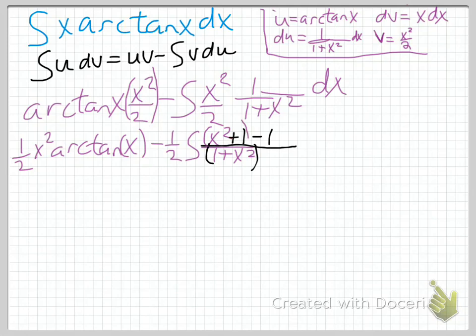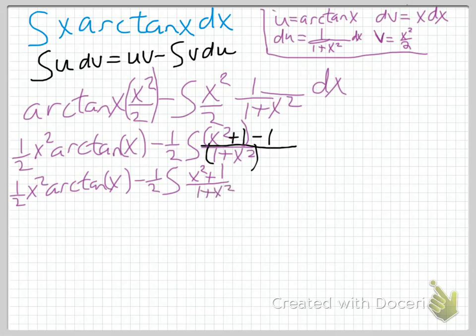But if we just put a parenthesis around this, we notice that we have two separate fractions. And let me write that. So let's go back. We still have our 1/2 x squared arctan of x. And then we have negative 1/2 the integral of x squared plus 1 over 1 plus x squared, and then we have minus 1 over 1 plus x squared, and all that is multiplied by dx.